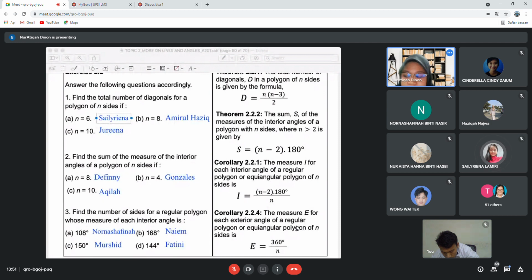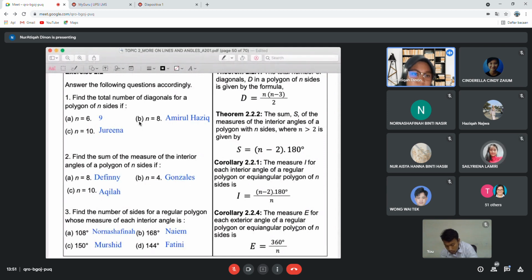What is the number of diagonals for a polygon of 6 sides? My answer is 9. Okay, good. 9. Well done.